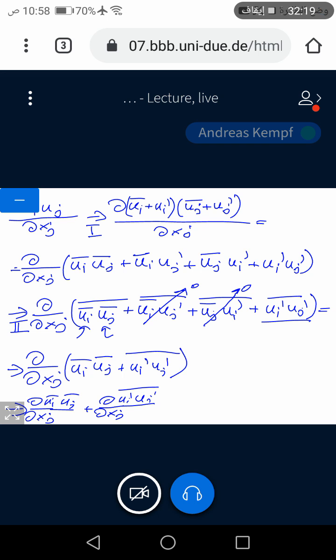Okay? So this guy here is the term that is already in our computer program, in our CFD program. Just this time we interpret the velocity as a mean velocity, ui bar and uj bar, instead of instantaneous velocity, ui and uj. We can use the same CFD program, it's really cool, but we have to add this new term.